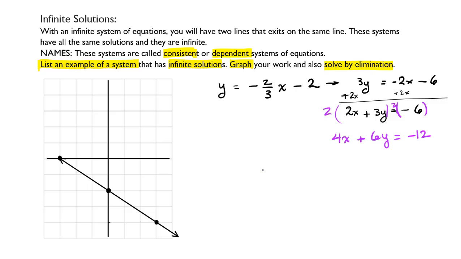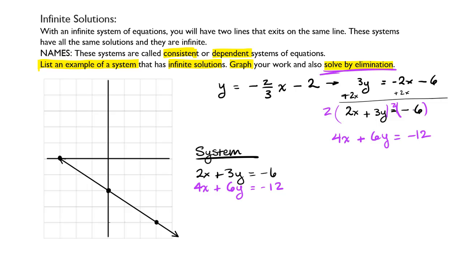So here is my system. I have the first equation, which was 2x plus 3y equals -6, and the second equation, which I had, was 4x plus 6y equals -12. Now, how can we solve by elimination?